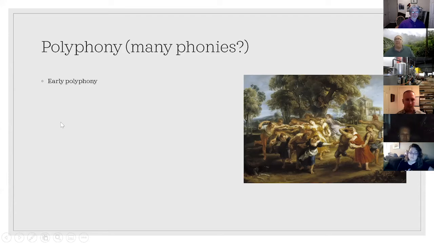Early polyphony was actually achieved by taking two or three or four people together and having them sing the same thing. Anytime you had more than one person singing at the same time, that was called an organon.